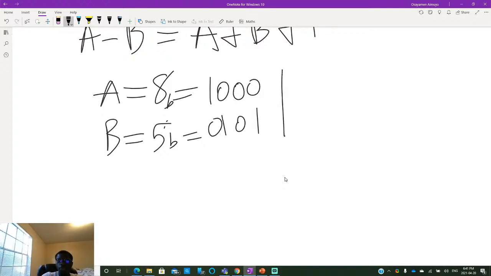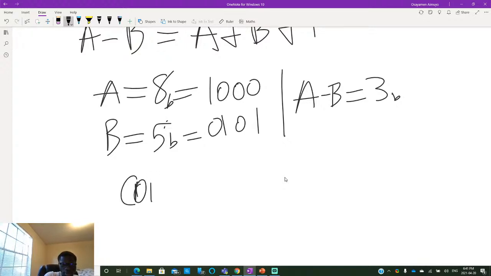We want to perform A minus B, which we know is 3 in binary. So what do we do first? Well, first of all, we perform the two's complement on B.